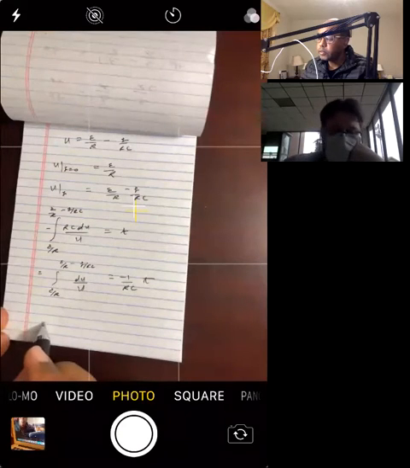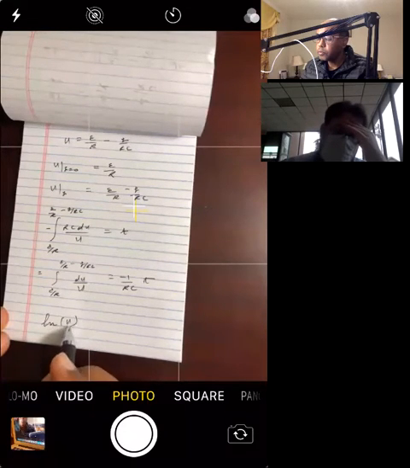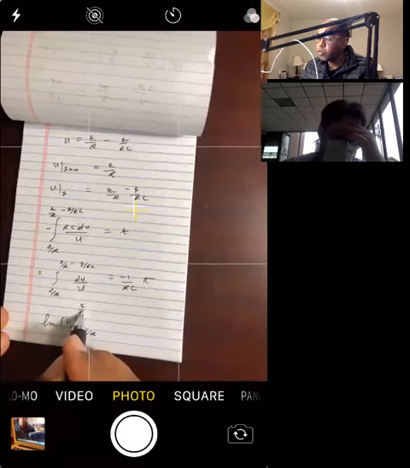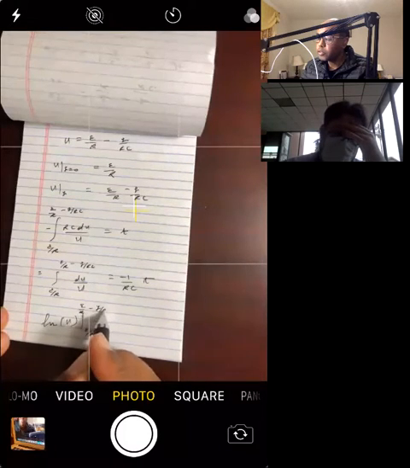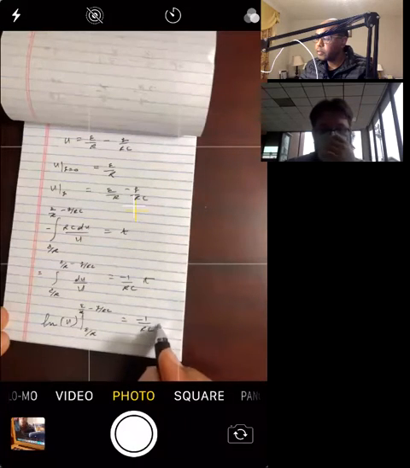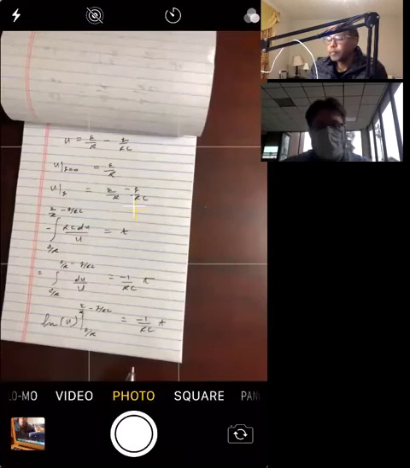So this is ln of u going from E over R to E over R minus Q over RC, equals negative 1 over RC times t.